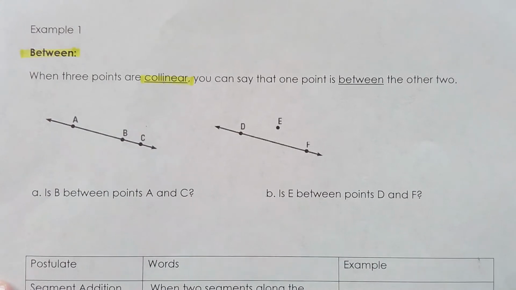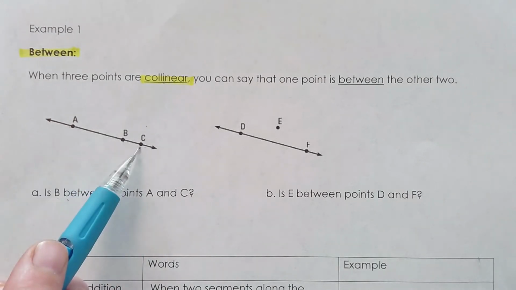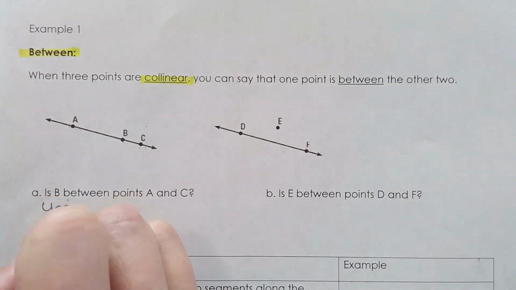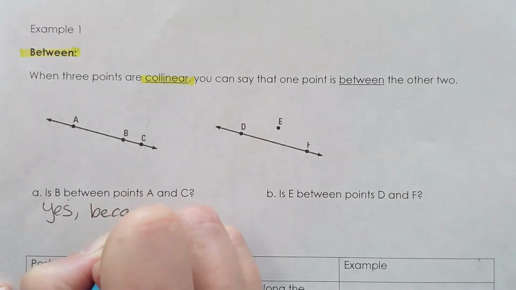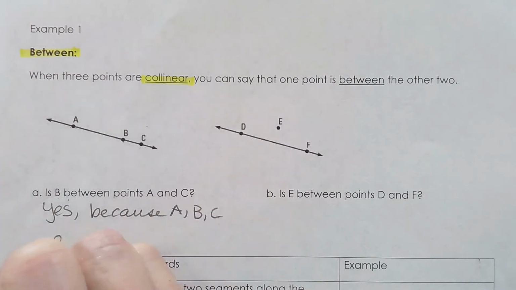So there are two comparisons right here. Is B between points A and C? As long as they're all collinear and B really is between them, then we can say yes, because A, B, C are collinear.